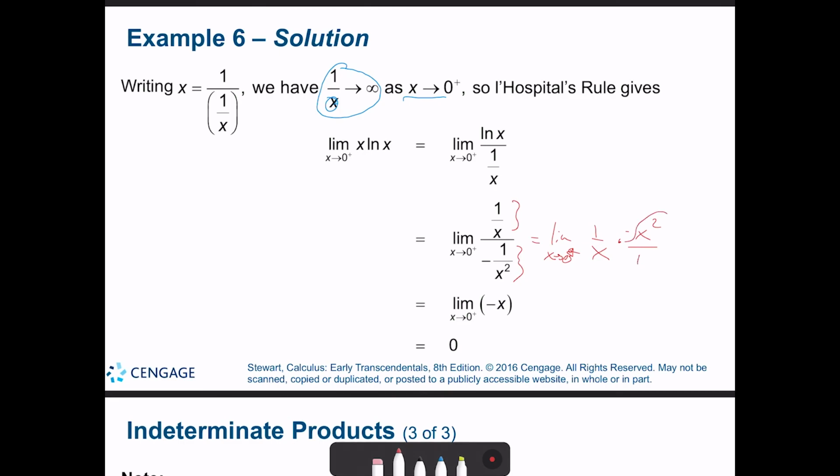This is going to reduce, leaving us with the limit as x approaches 0 from the right of negative x over 1, which is negative x. Take a 0, drop it in there, you've got negative 0, which is 0.